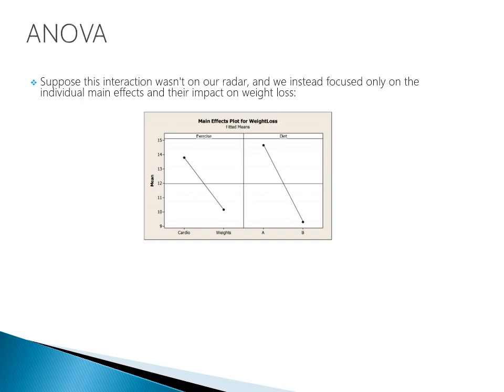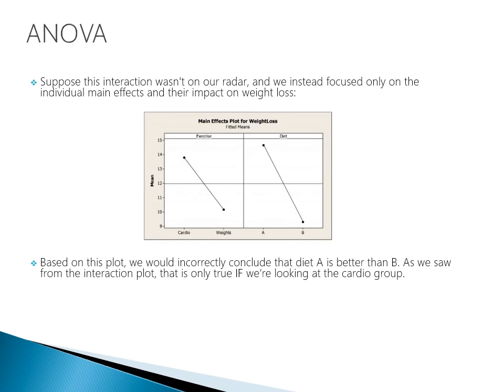Suppose this interaction wasn't on our radar, and we instead focused only on individual main effects and their impact on weight loss. Based on this plot that we have in front of us, we would incorrectly conclude that diet A is better than diet B. As we saw from the interaction plot, that is only true if we're looking at the cardio group.